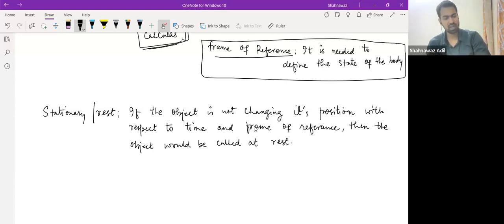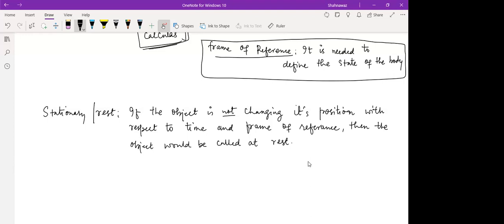So if a person is not changing its position with respect to time and frame of reference, then that object would be called at rest, because it is not changing its position. Is that clear, Rishita? Yes, sir.